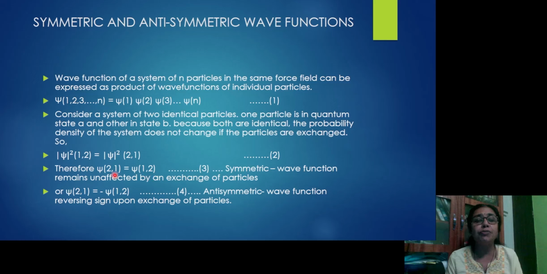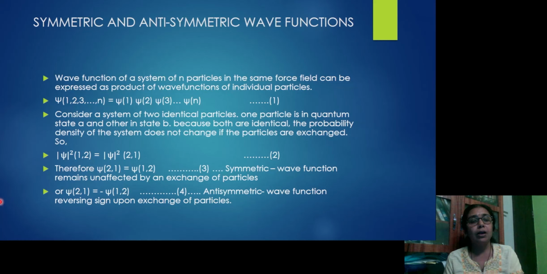It means that even if the particles are exchanged between the states, the two wave functions are the same. Another possibility is that the second wave function will be exactly opposite in sign as compared to the first wave function. This is called an antisymmetric wave function, because it reverses sign upon exchange of particles. So these are the two possibilities because of this probability density equality.